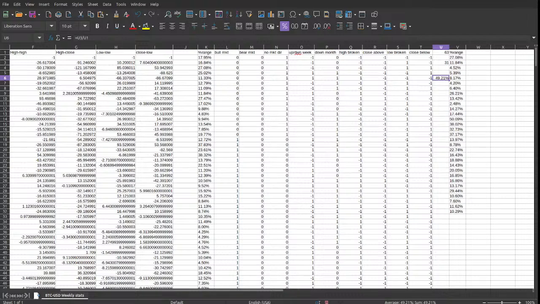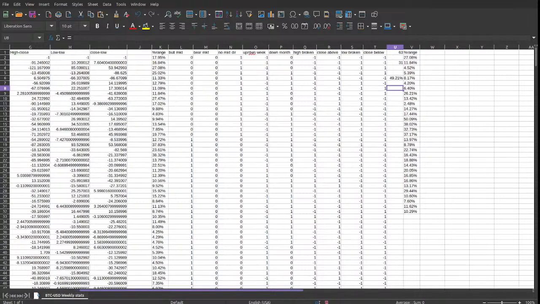And we're gonna make that as a percent. So now we have bull market and bear market data that we can pull, and that's going to tell us what kinds of weeks that we're going to end up having.